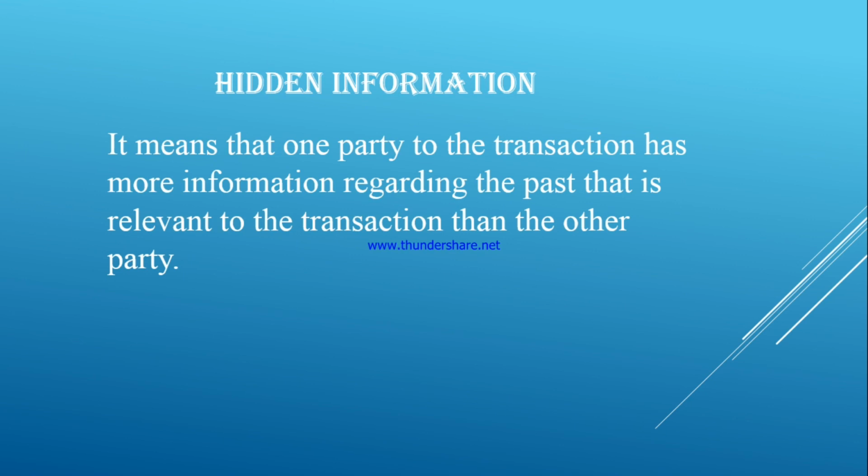What is hidden information? Hidden information simply means that one party to the transaction has more information regarding the past that is relevant to the transaction than the other party or parties. Or in other words, when after the contract is made, one of the actor's actions is observed, but its qualities can't be determined, that is the hidden information.